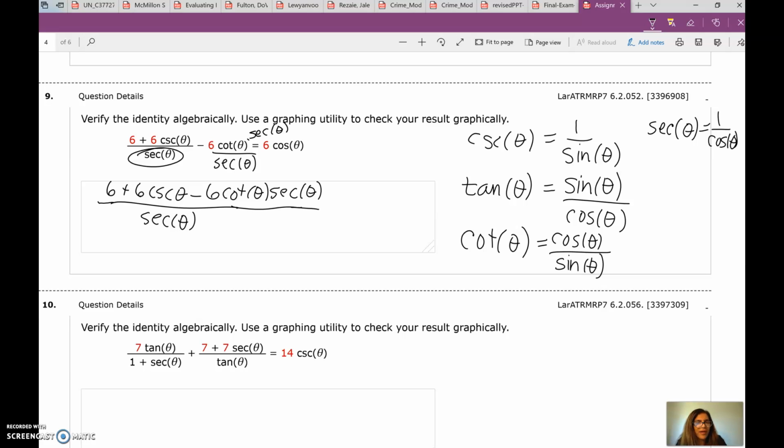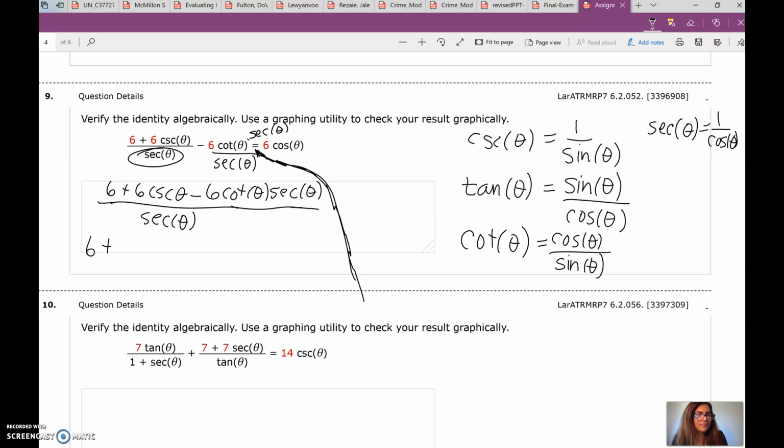We form one fraction. Okay, we're only affecting the left-hand side. We want to show that it does in fact equal the right-hand side.